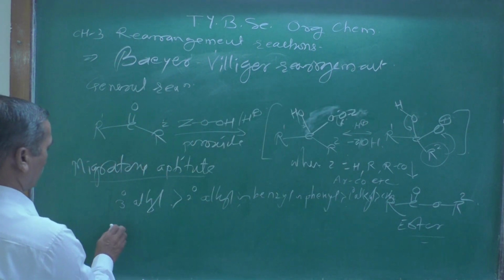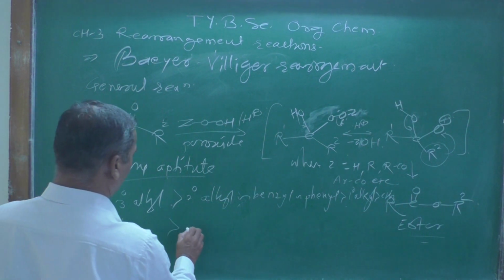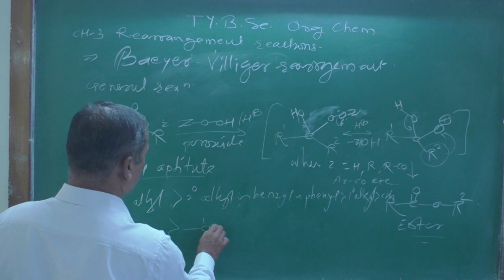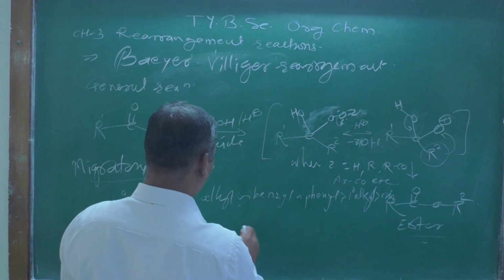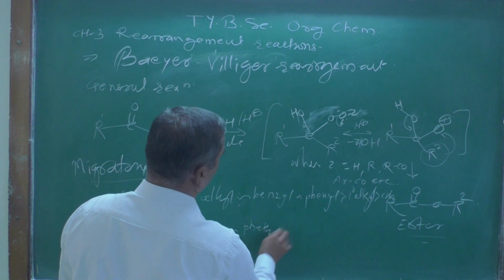Here tertiary alkyl group we know, secondary alkyl group we know, and benzyl means Ph and then CH2.